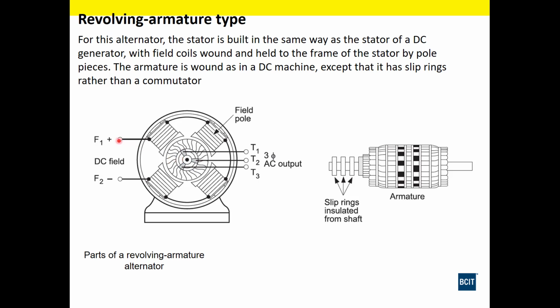Now the poles, the stationary side, we have a DC field. They are just north and south DC fields. You remember back when you first looked at AC generation in year 2, we just had a simple loop going through a stationary magnetic field. That's what's going on here.